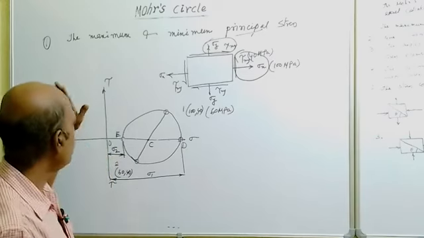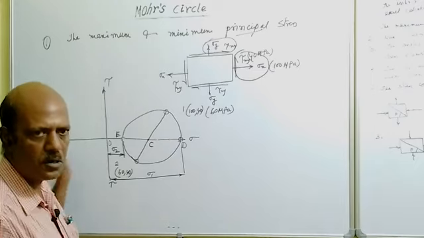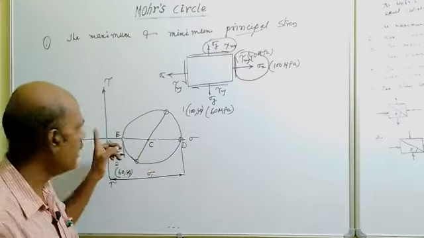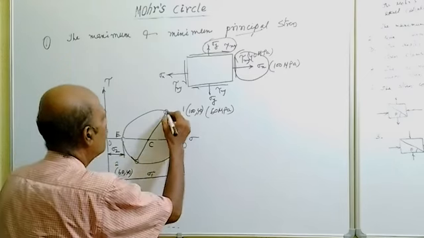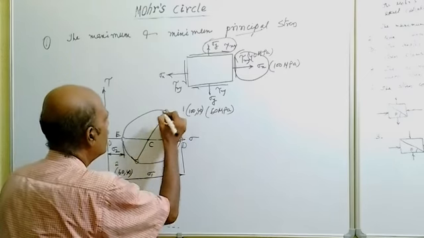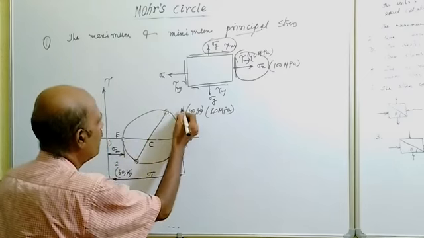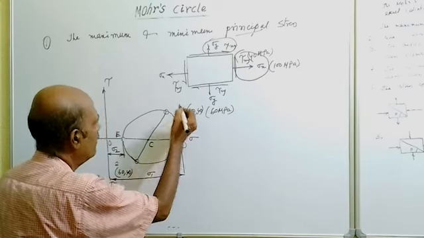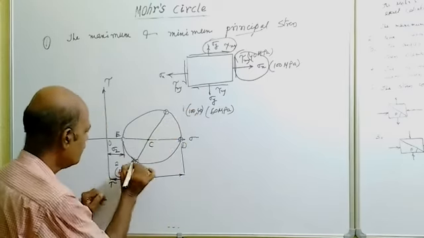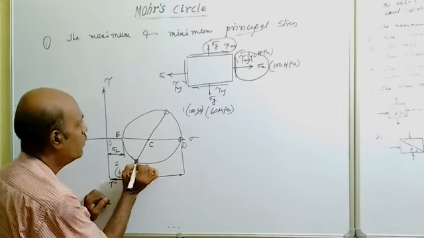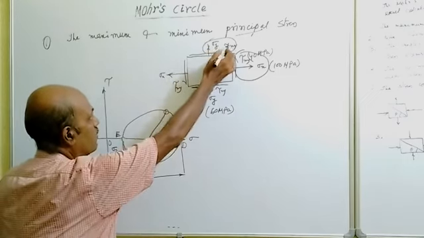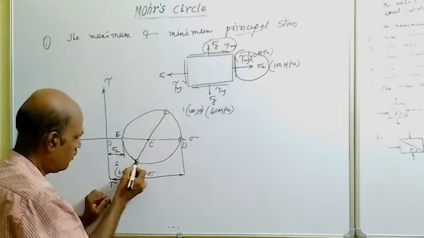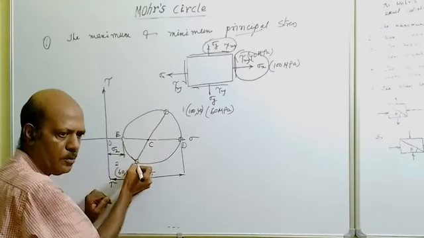So step 1, draw the axis. Next, step 2, just plot this point, point 1, that is the x face point. Then plot point 2 as per the information here, sigma y, tau xy. Join point 1 and point 2.